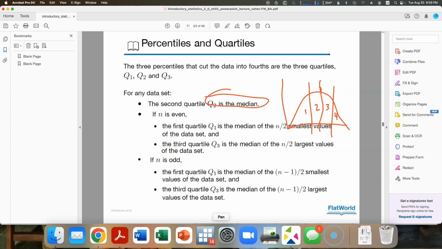So our median is right here. Half of the observations are less than it, half of the observations are greater than it. Not the mean, but the median. So then the first quartile starts from 0 to here. Then the fourth quartile goes from the maximum score all the way down to the 75th percentile.